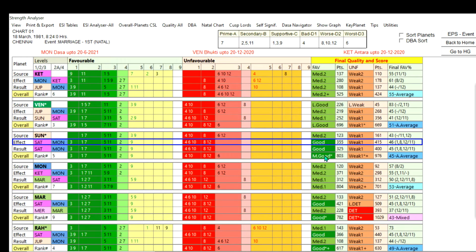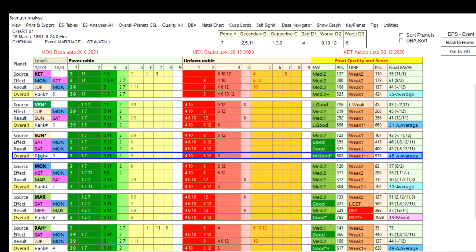You can see at the end of each planet, in the overall, the quality table also. What is the overall favorable quality name, overall unfavorable quality name, and their score also, and based on that, what favorable percentage it has got, and overall what is that rank, that quality: above average or mixed or good or low good.